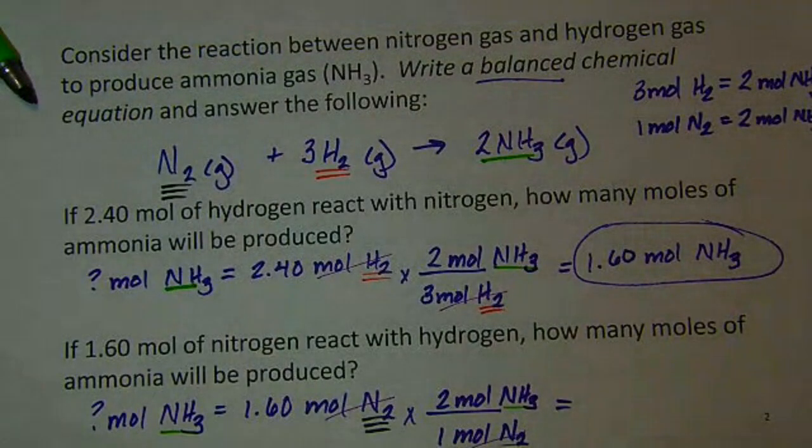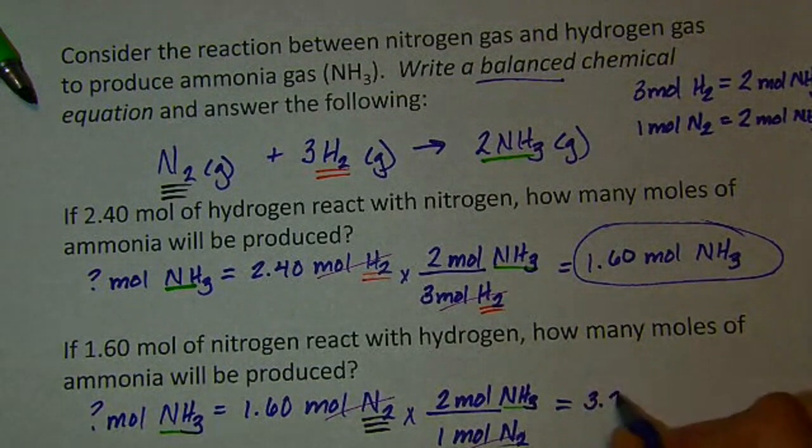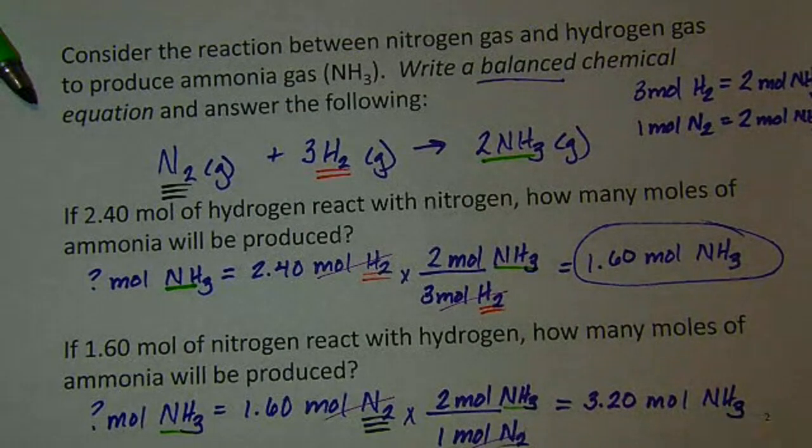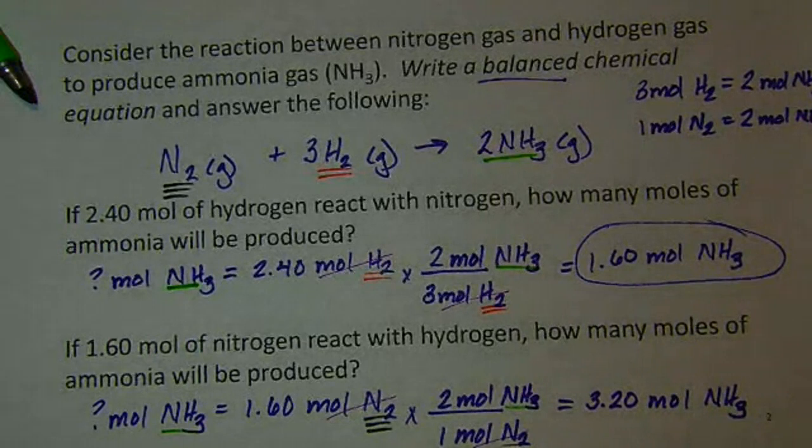So 1.60 times 2 divided by 1 gives me 3.2, and I need 3 sig figs, and so that third digit is assumed to be 0. 3.20 moles of ammonia.